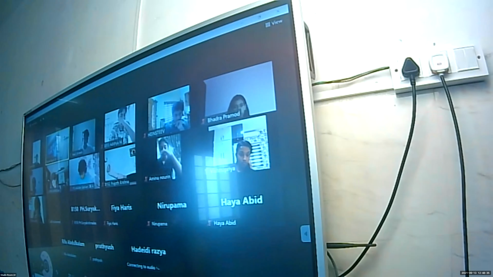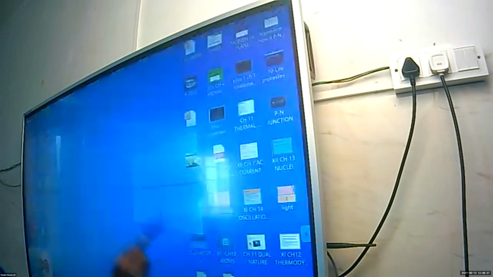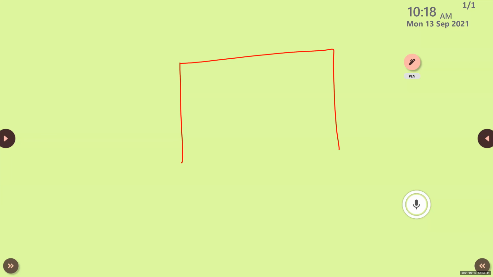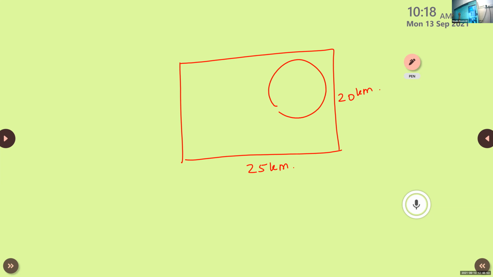It is a jungle which is in the shape of a rectangle and whose dimensions are given like this: 25 kilometers by 20 kilometers. There is a lake inside it whose diameter is 10 kilometers.